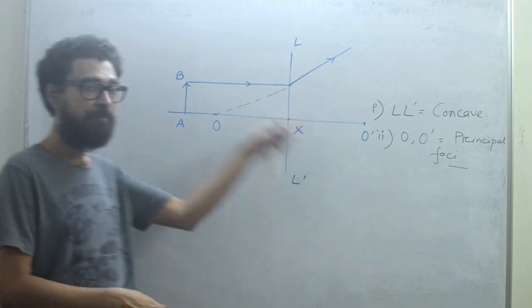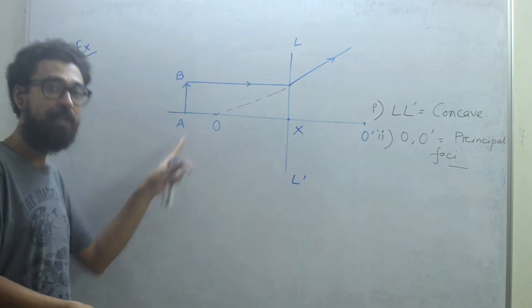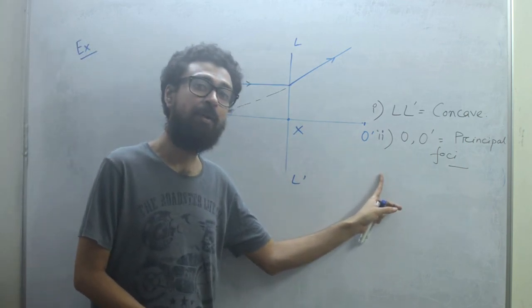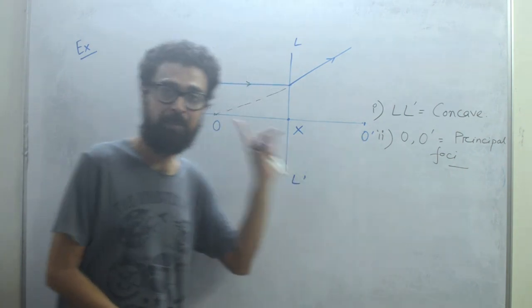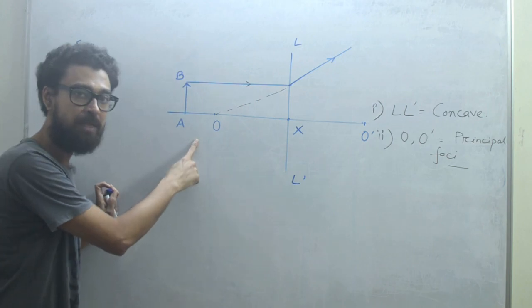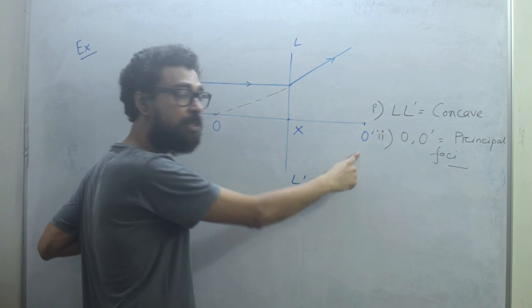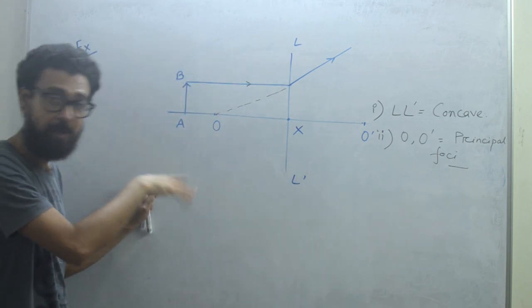So the image will be formed on this side, because this is the real side for the object and the virtual side for the image, and this is the real side for the image and the virtual side for the object, only for the lens. For a mirror it is just the opposite. Okay, fine.